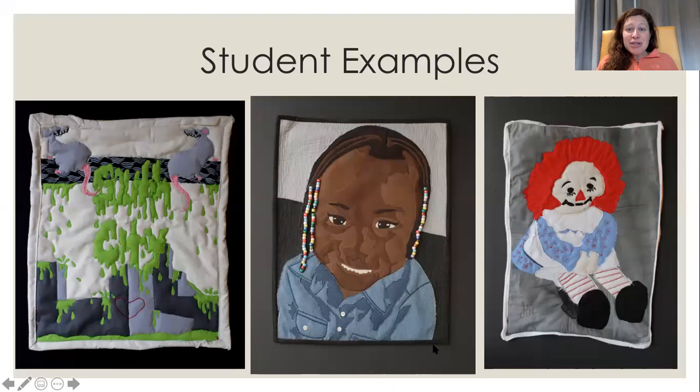This middle image, the student worked from a photo reference of a person who she interacted with that made a big impression on her life. And then this last one over here, the student also worked with a photo reference initially, and she chose to represent a Raggedy Ann doll that was important to her in her childhood.